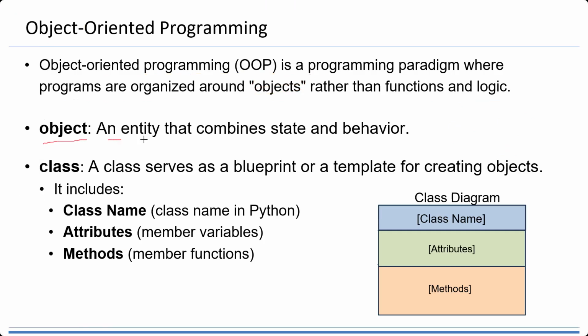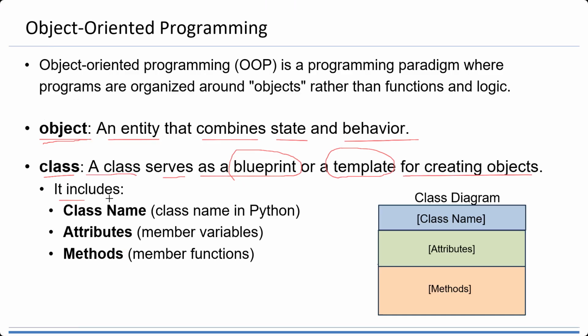It is an entity that combines state and behavior. Whenever we have an object, we will have class. So a class serves as a blueprint or a template for creating the objects.